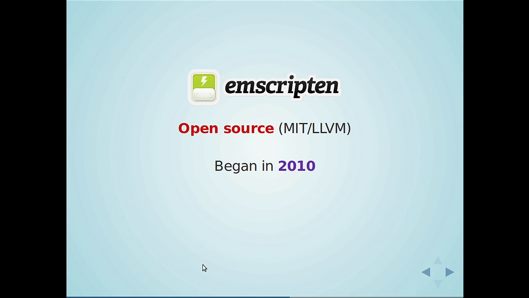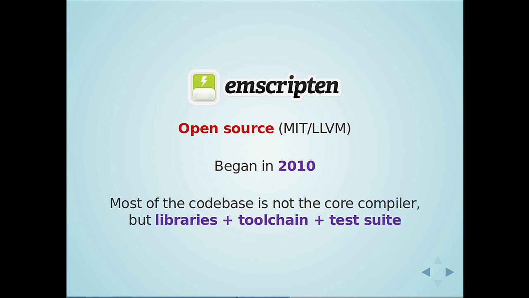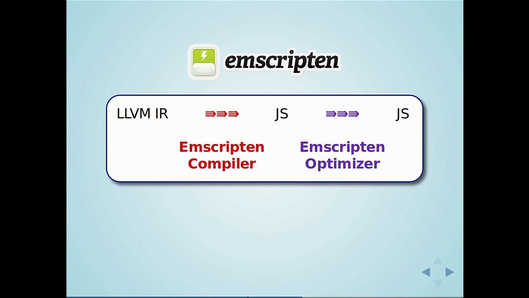The project began in about 2010. What I'm not talking about here is actually most of the code base. Most of the code base is the libraries and the tool chain. So we emulate OpenGL and WebGL and a lot of other things that are not relevant to the core compiler itself. The compiler and optimizer turn out to be a fairly small part of the code base, but of course, a pretty interesting part, at least from my perspective.